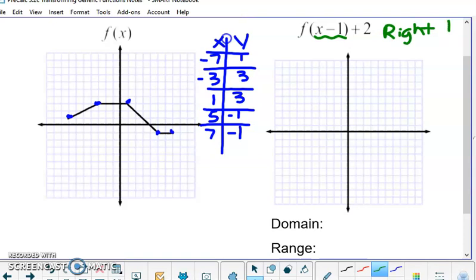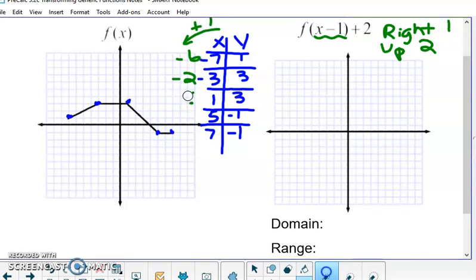It's going right 1, up 2. It's doing the opposite to the x's, so instead of minusing 1, we're adding 1. And the y's, it's going to go up 2.